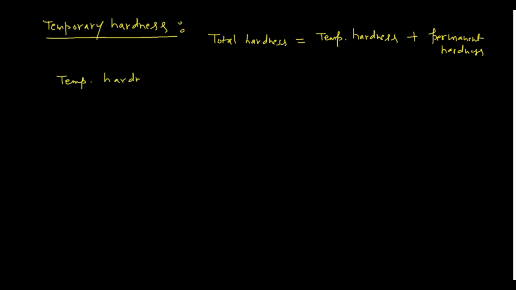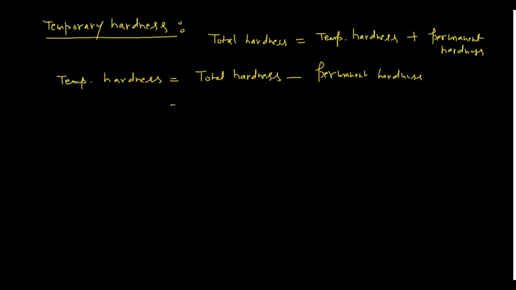See, total hardness equals temporary hardness plus permanent hardness. And if you want the expression for temporary hardness, it is total hardness minus permanent hardness.